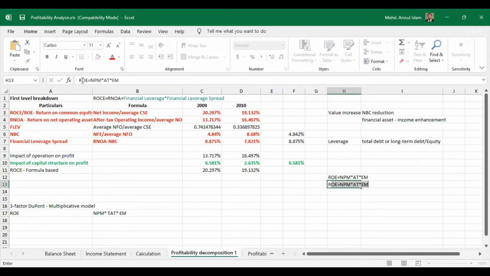But here in this class, or the level 1 breakdown of profitability, what we are doing is taking the return on net operating asset and adding the impact of leverage, right? Impact of leverage. Is it a multiplicative decomposition? The level 1 breakdown of profitability analysis here, is it a multiplicative approach?